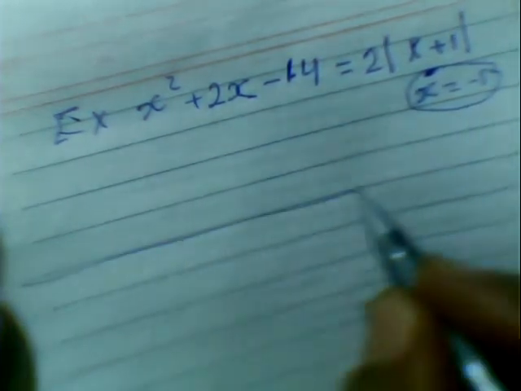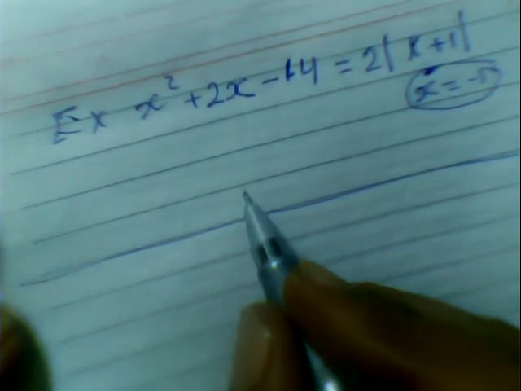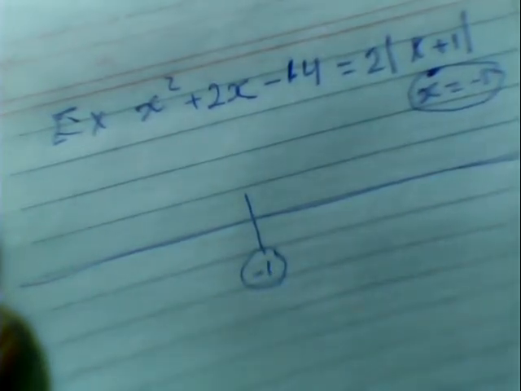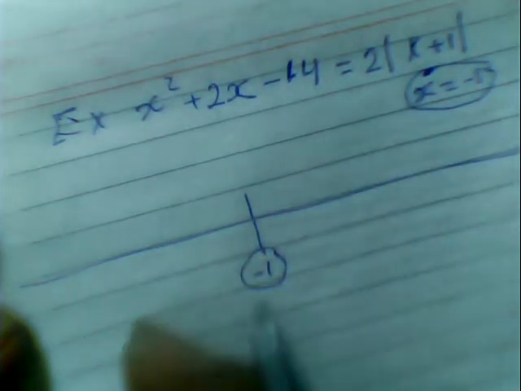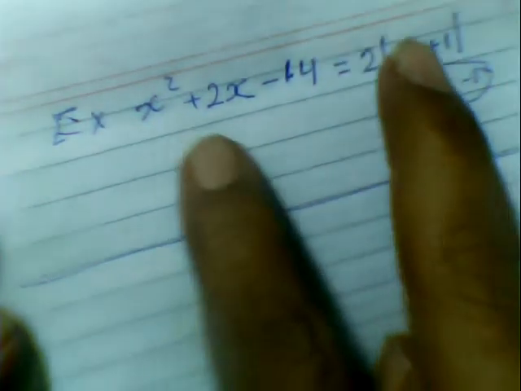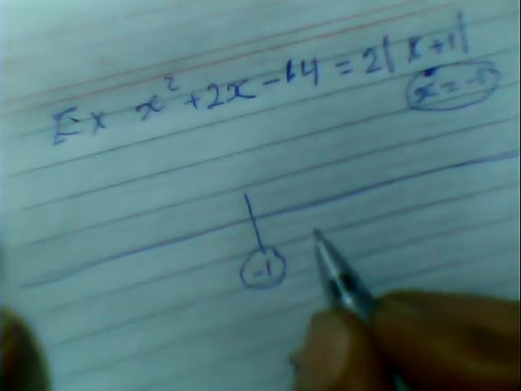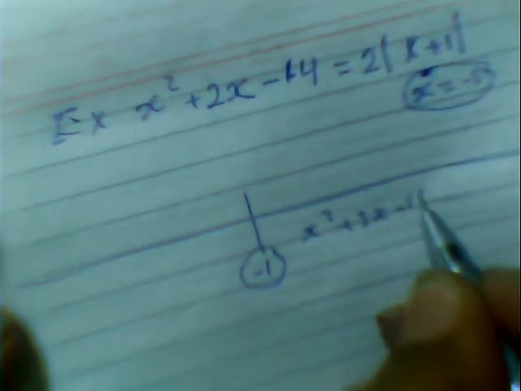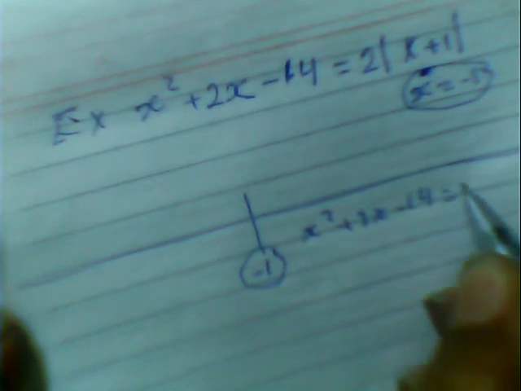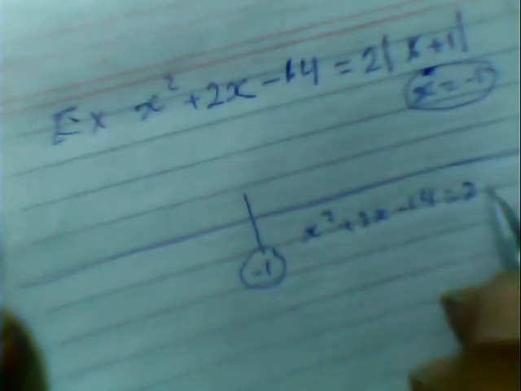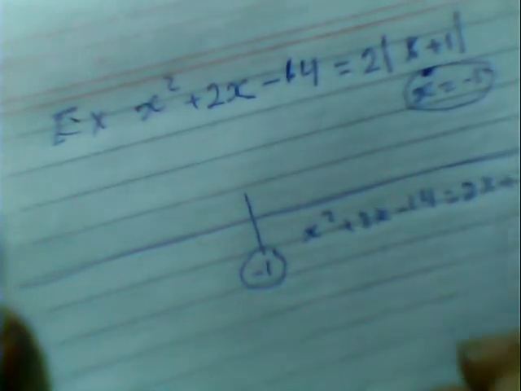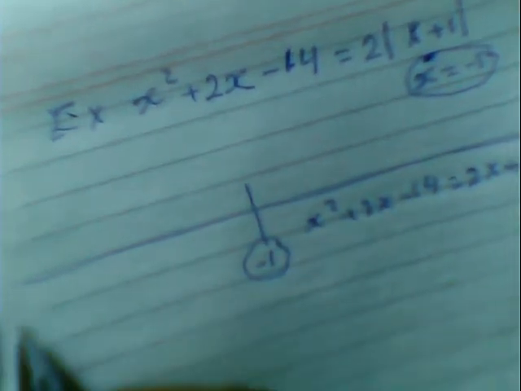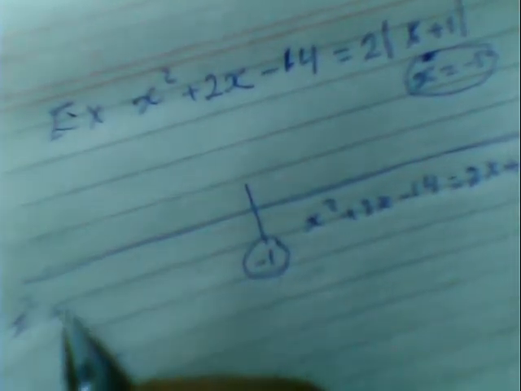We make a line and put minus 1, the zero of the modulus, and on the right we write the equation: x square plus 2x minus 14 equal 2x plus 2.